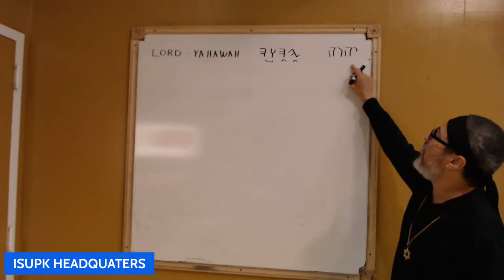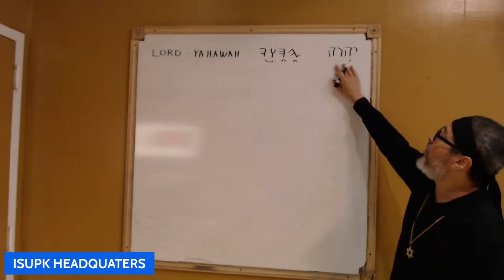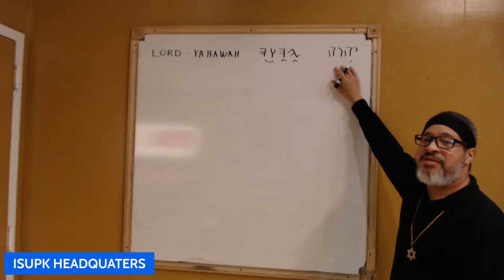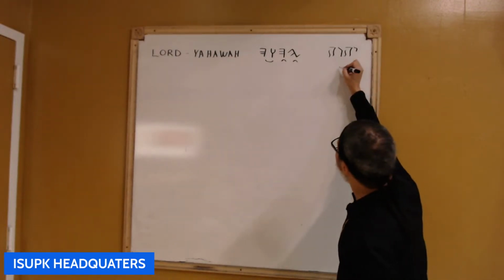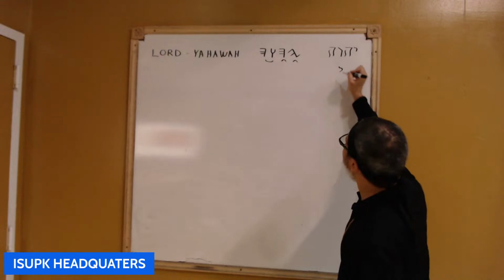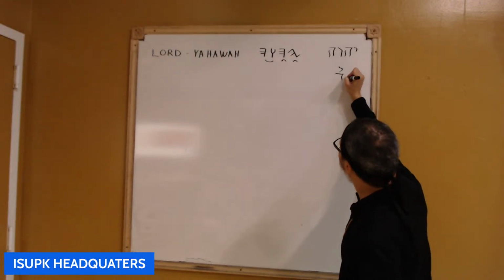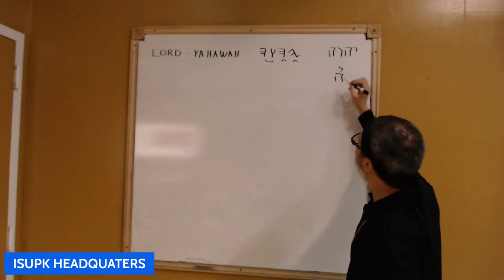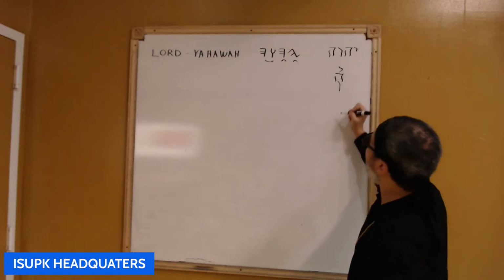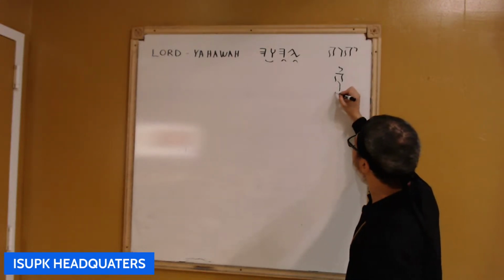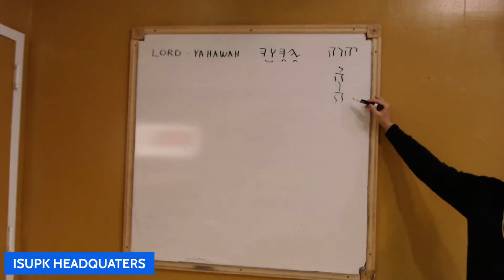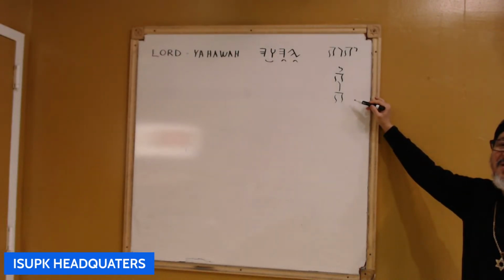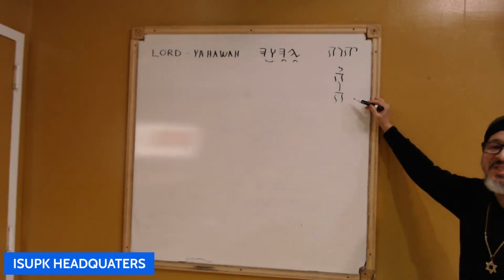Well, now I understand. You know what's really cool about this? You want to know if he exists or not? Watch when you rearrange this. Yah, ha, wa. Looks like a person. This is a highly informed of intelligence.